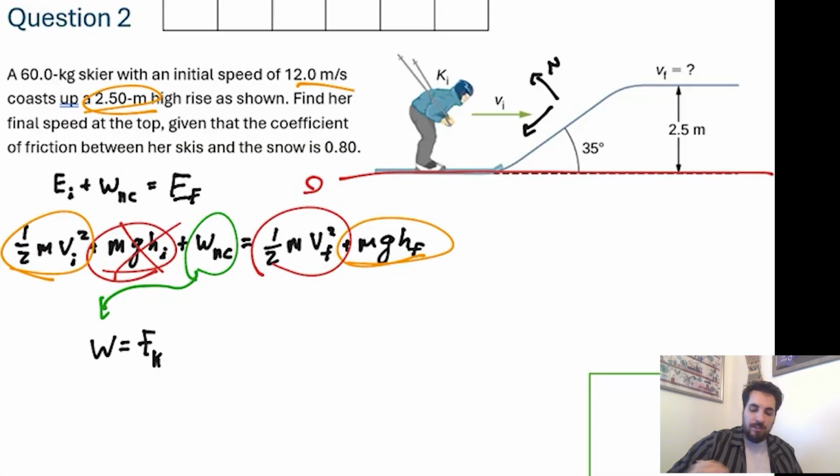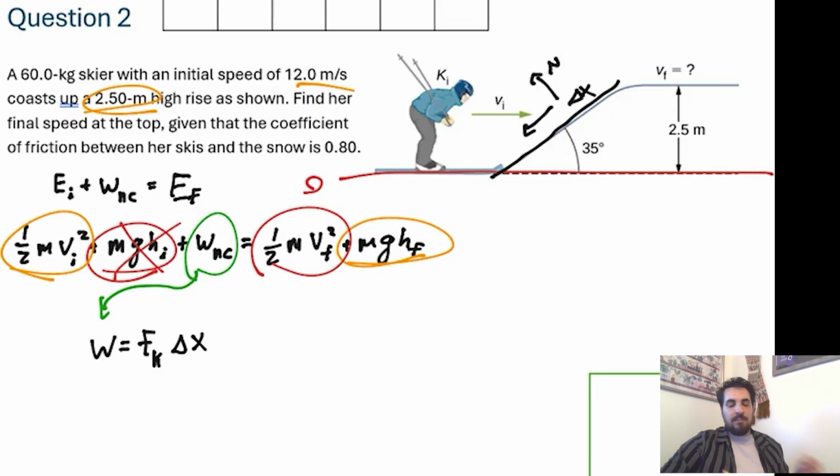Work is force times a distance that we travel. So that is going to be this distance here. I'll call that delta x. Not using x to mean horizontal, just meaning delta x is the direction of travel.